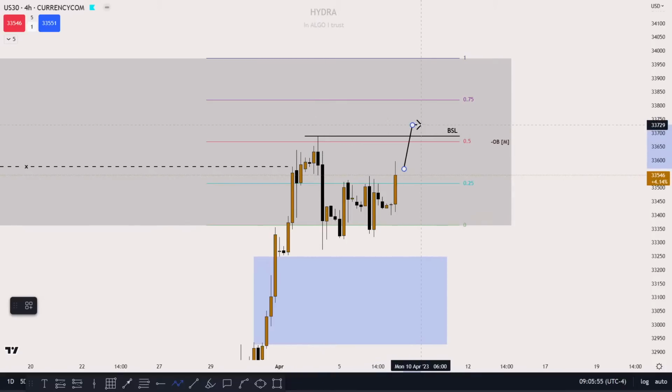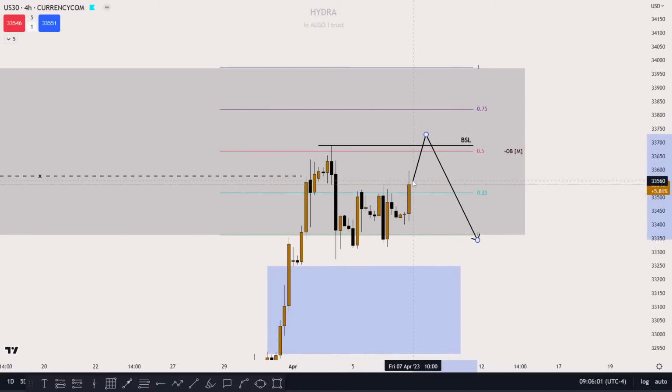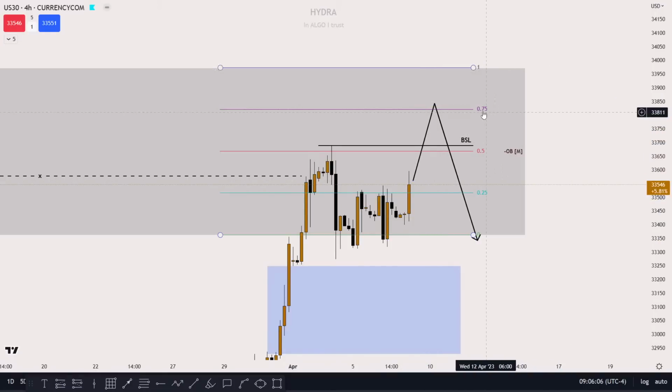So what I want to see is price coming up, offering the buy side liquidity here, and then going down. So how far can I expect price to offer buy side liquidity? Far into this zone till 0.75. If price is still offering buy side liquidity after 0.75, the upper quadrant of the order block, and if price is aggressive, then my bias is wrong.